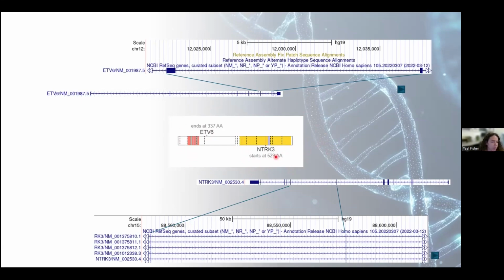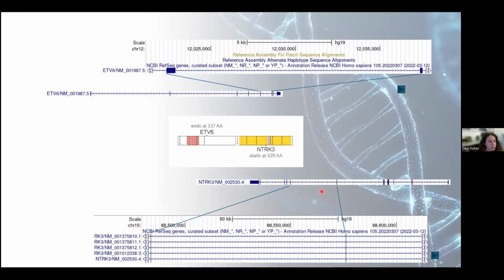So if we sequence the RNA, we need to sequence around 1,000 or 3,000 base pairs, because this is amino acids, so we have to multiply by 3. So we're looking at 3,000 base pairs as opposed to a few millions of base pairs in DNA sequencing. So the easiest way to find fusions is to sequence the RNA when we are not sure which genes we're looking at, and not the DNA.